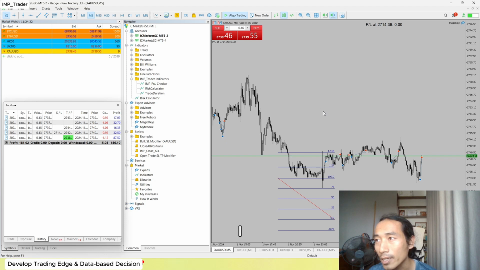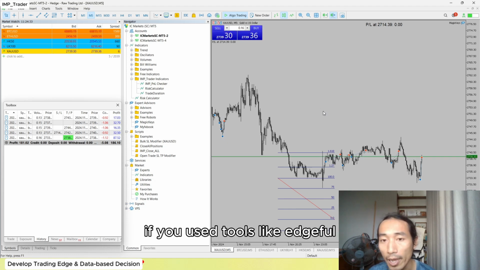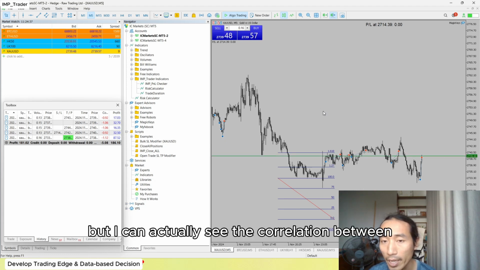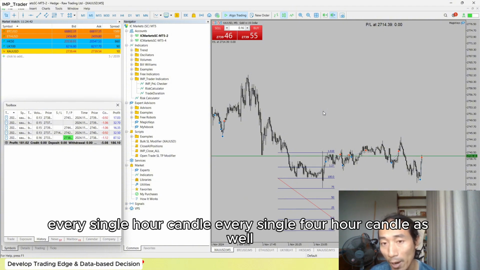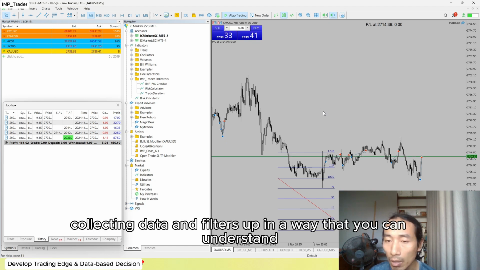For gold, I don't only know the tendency of a session. With a tool like at4, you can probably see the correlation between sessions, but I can actually see the correlation between every single hour candle and every single 4 hour candle as well. It's a little bit difficult in terms of collecting data and filtering it in a way that you can understand.